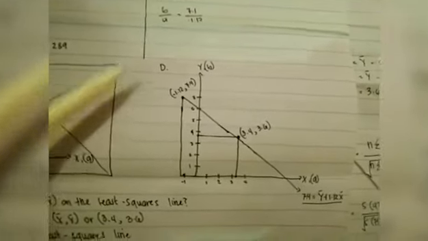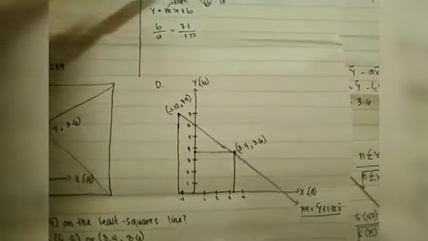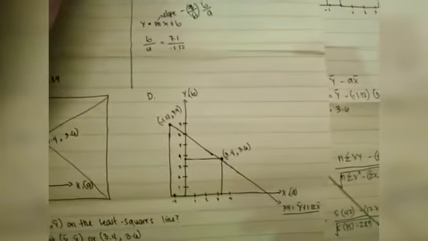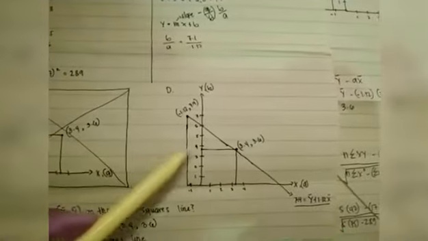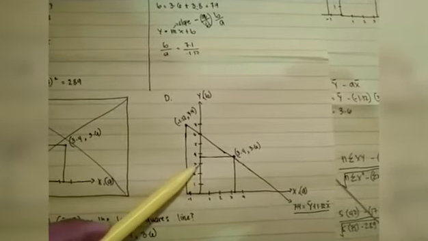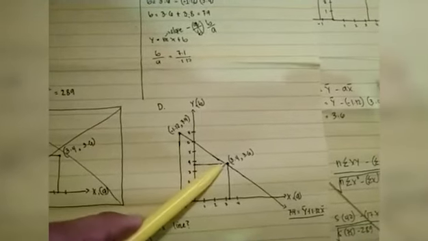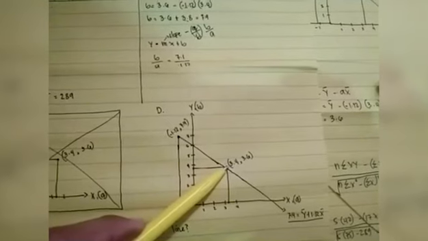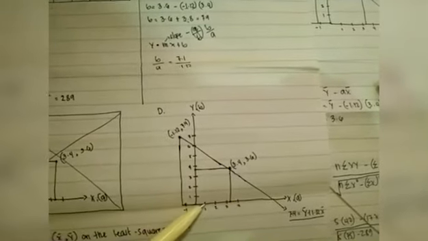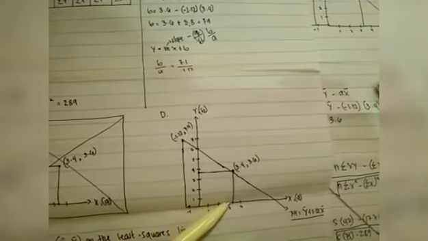So, first na hanapin natin is 3.4 and 3.6. So, 1, 2, 3.4. Ito siya. Yan. 3.4. So, 3.6 naman is ito. 3.6 and 3.4.